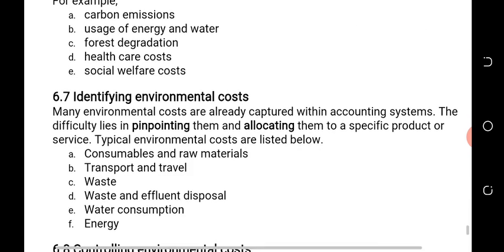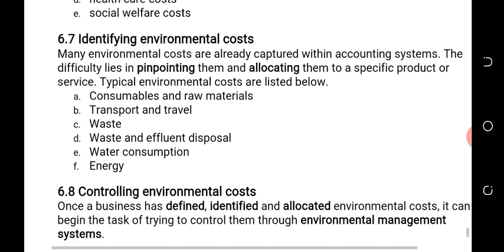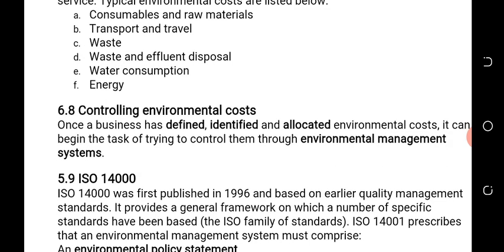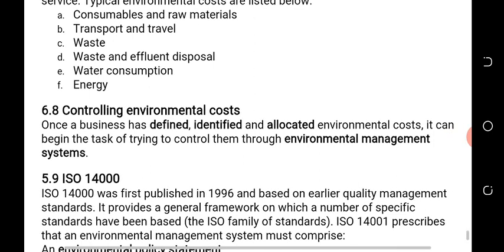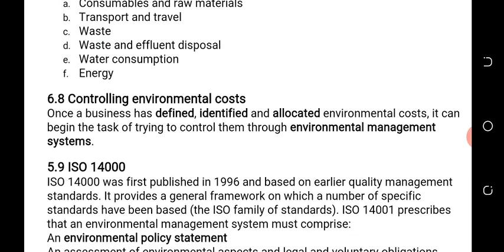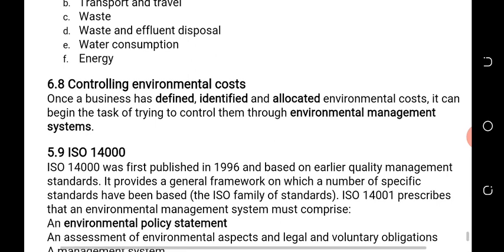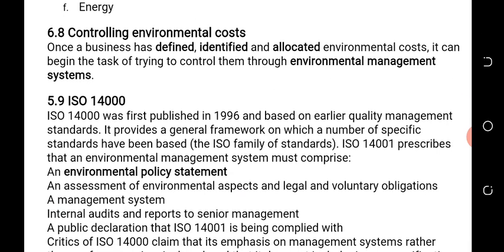We also have identifying environmental costs and controlling environmental costs. Such a business has to define, identify, and allocate environmental costs. It can begin the task of trying to control them through an environmental management system. We have the ISOs.